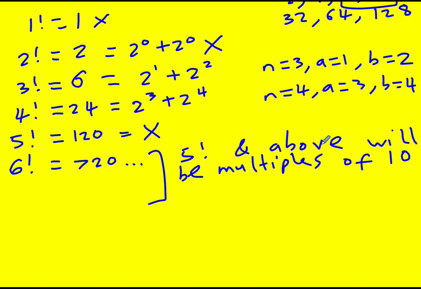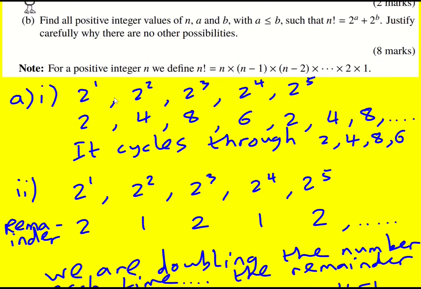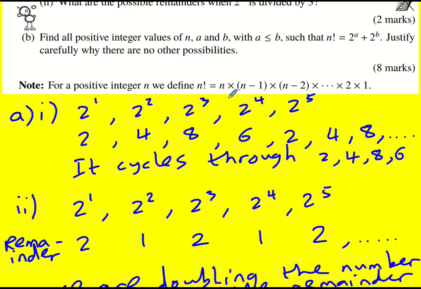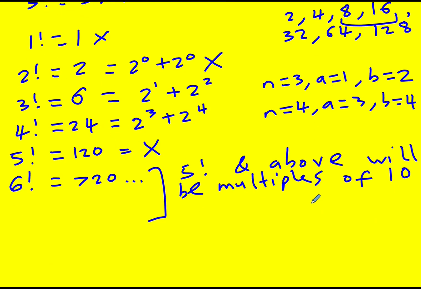There's something else that's really crucial, and it kind of is hinted on in part 2 of part A. It's a multiple of 10, but it's also a multiple of 3.